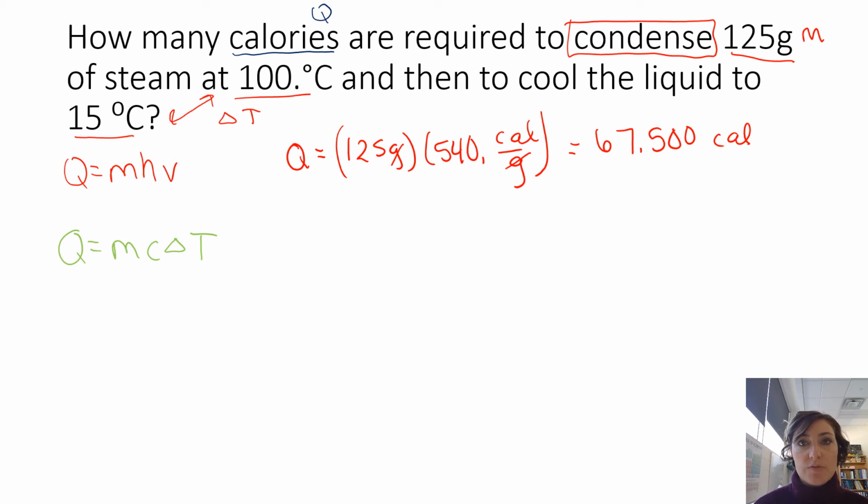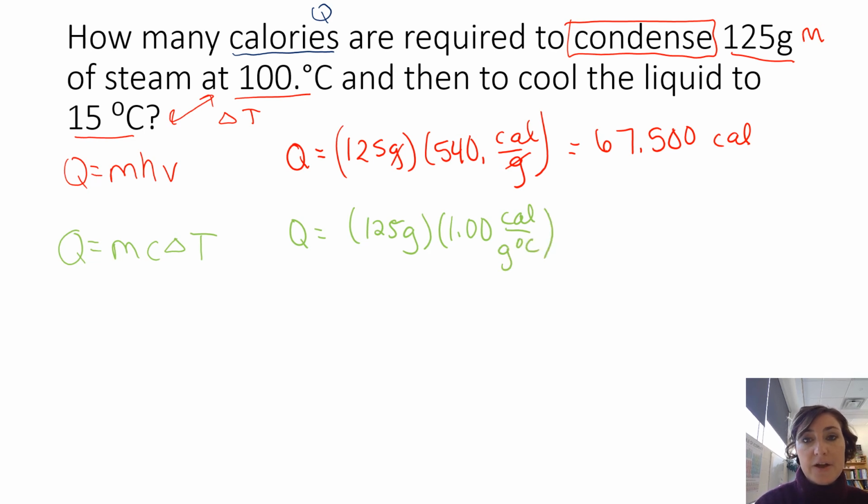And now I'm going to switch over and do my m c delta T equation and deal with the change in temperature. So Q is equal to, same mass, 125 grams times the specific heat, and we're just going to use a specific heat of liquid water for our purposes in this class. You may see a different value being given if you take a higher chemistry than our Intro to Chem class.